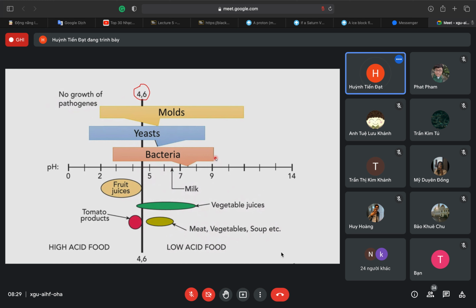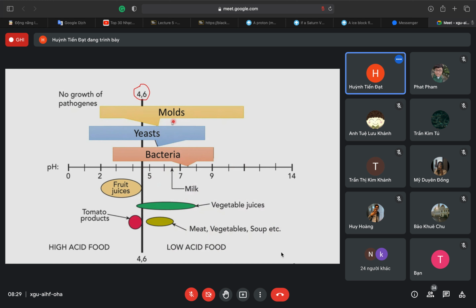That's the concept. Then we consider the three groups that are very significant in food preservation: the mold, the yeast, and the bacteria. The mold can grow from 2 to almost 11. That's a wide range.